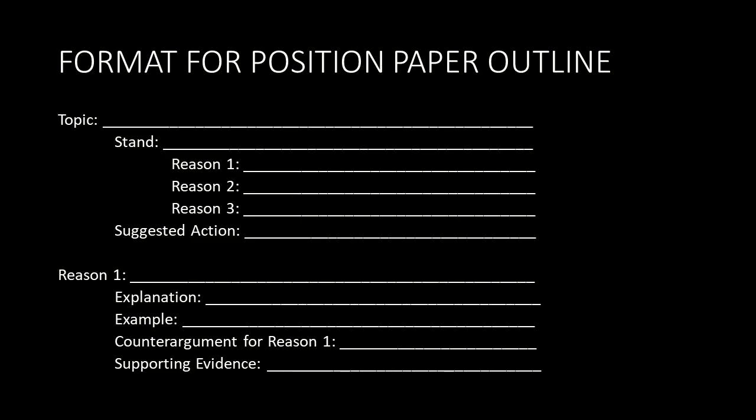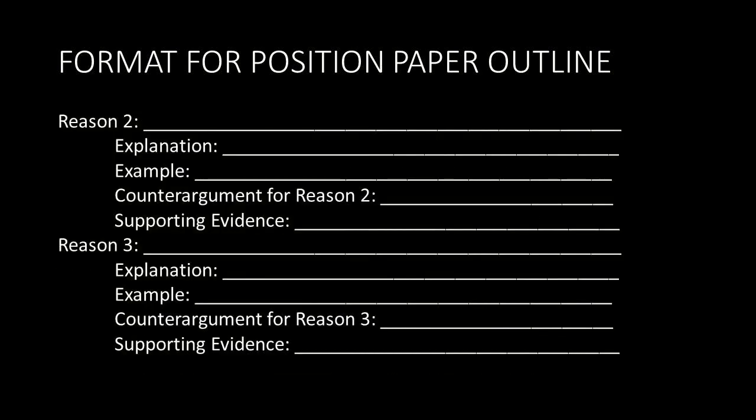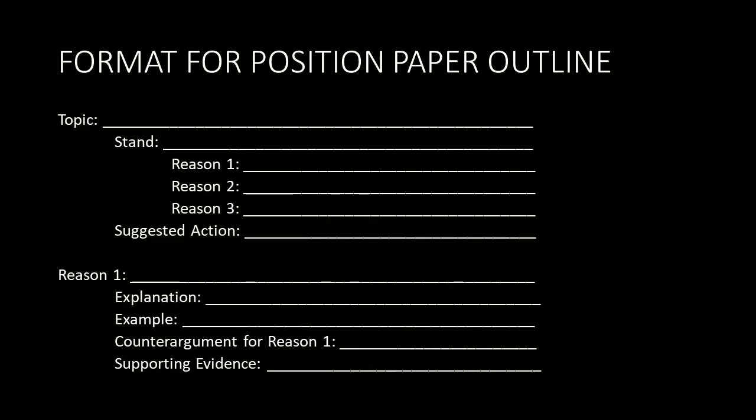For paragraph 2, paragraph 3, and paragraph 4, we are going to use this outline. We begin with reason 1 as the first sentence, followed by the explanation for reason 1, an example for reason 1, a counter argument for that reason, and a supporting evidence which will enhance reason 1 or negate the counter argument.